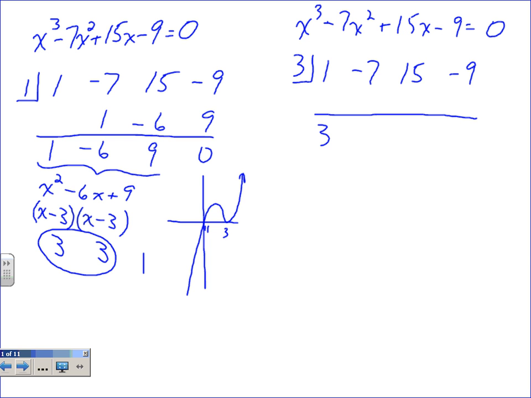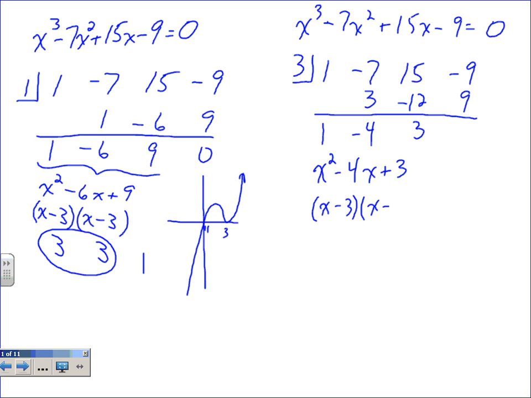So we'll use synthetic division. Bring down the 1. -4, -12, 3, and 9. Now I have x squared minus 4x plus 3. And we'll factor that. X minus 3, x minus 1.